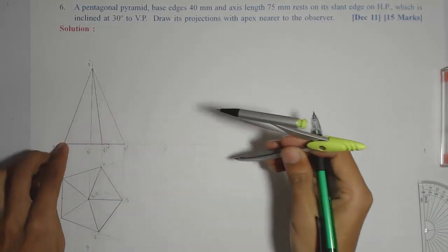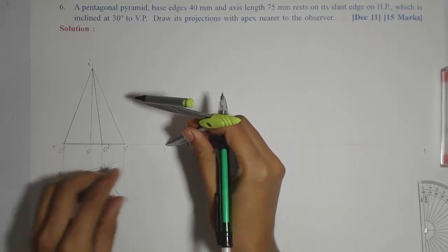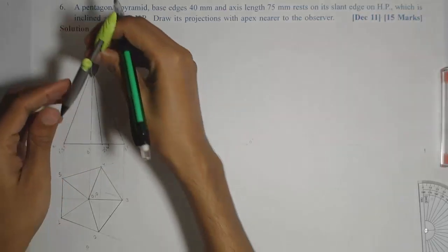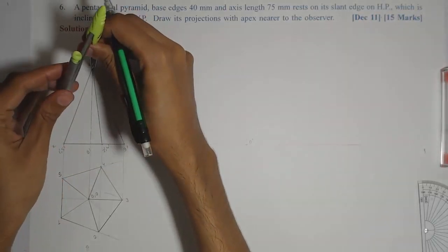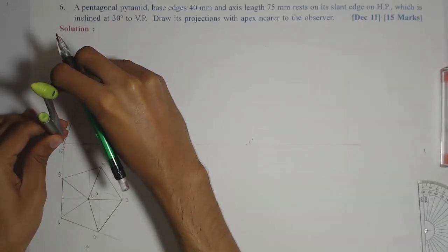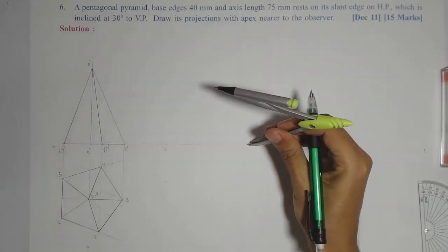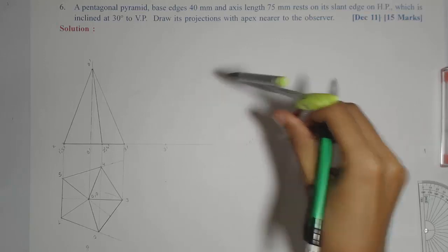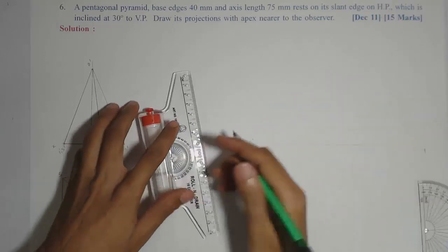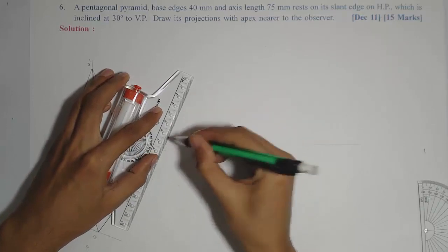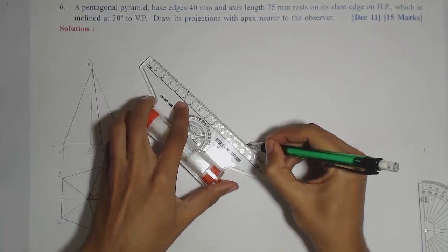So for marking 1 dash 5 dash, I should mark an arc from 3 dash. Then again I get the same distance for the same point 1 dash 5 dash from O dash. So this completes the outer triangle for the front view. We'll just join. We'll make it dark because the boundary is dark.